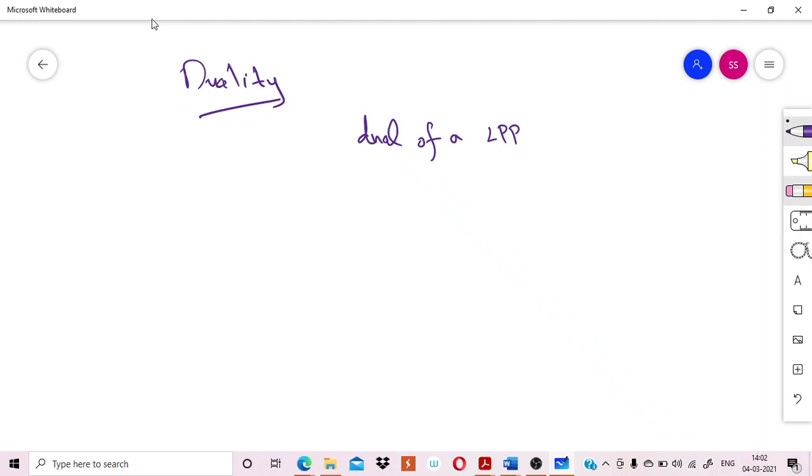Associated with every LPP, you can define another problem that is known as the dual of the LPP.